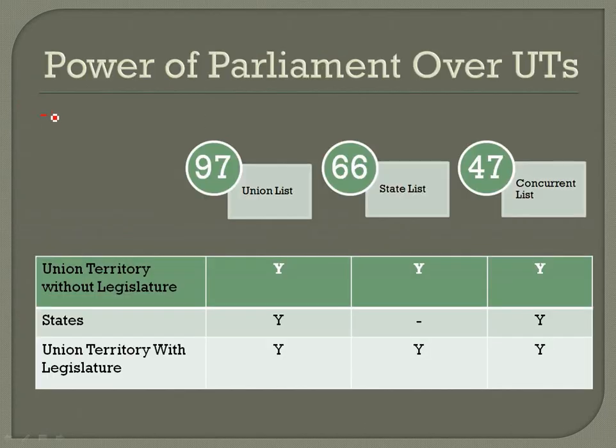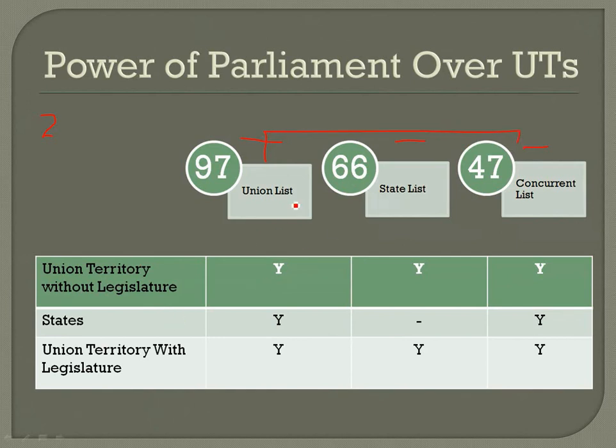Now let's talk about the second statement. The power of Parliament over any state is decided by its power to make laws. You must be aware of these three lists: the Union list, which has 97 subjects, the State list, which has 66 subjects, and the Concurrent list, which has 47 subjects. In a union territory without legislature, Parliament can make laws on any subjects of these three lists.